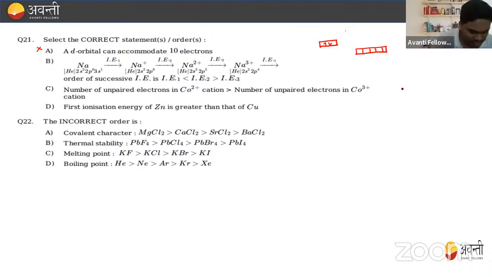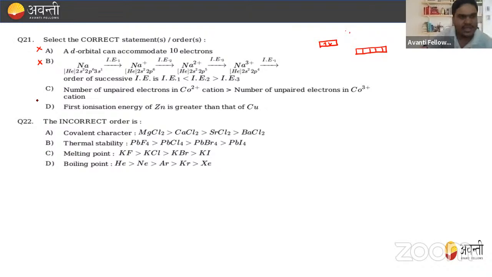So you have to identify. We know that successive ionization enthalpy gets very, very difficult. So if I'm talking about successive ionization enthalpy, it is very difficult to remove the electron. The ionization enthalpy of the third step, that is Na+3, is higher as compared to the second. So this order is also incorrect. Always remember that successive ionization enthalpy always increases.